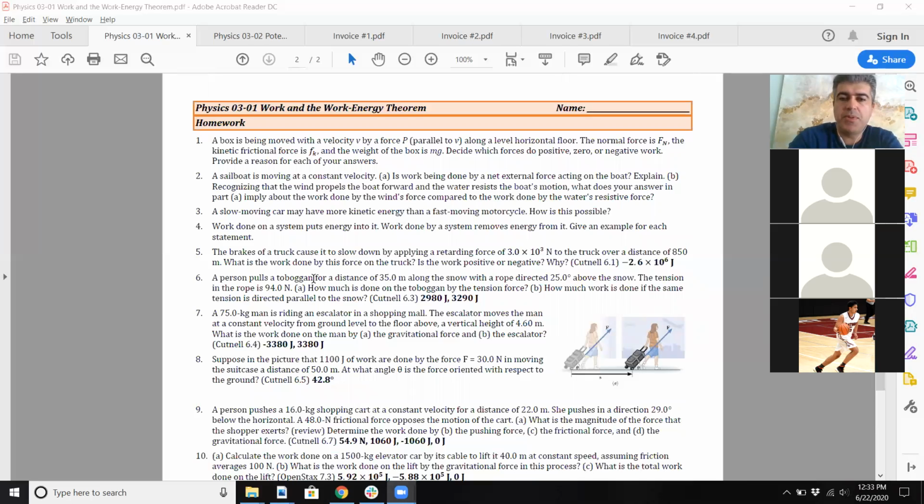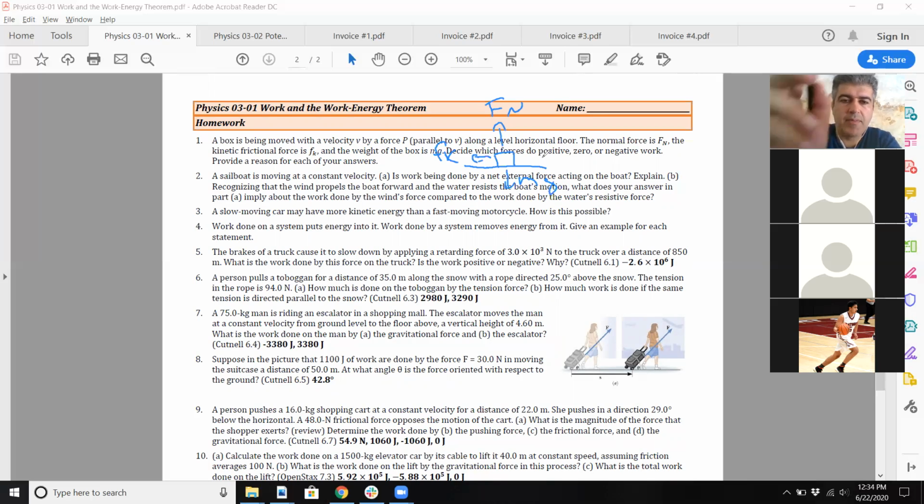Okay, so this one should be pretty straightforward. You do a drawing. You have your box. Fn, of course, is this. Weight of the box, of course, is mg. So we'll say mg now, just so we don't get confused with work, and Fk. And it's moving parallel to the horizontal floor.